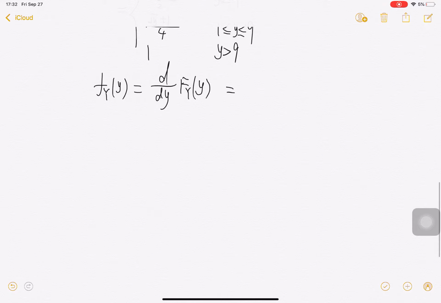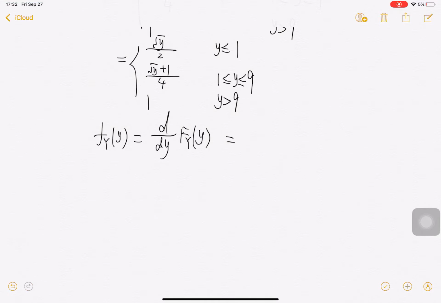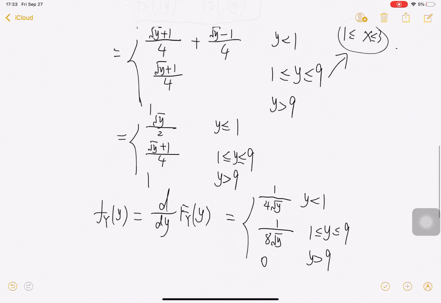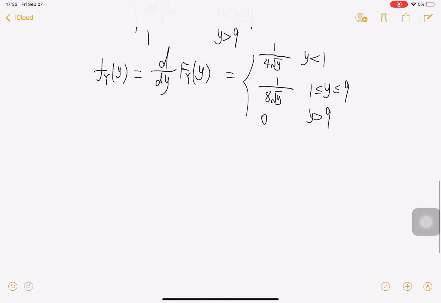And it's an easy job, just some derivative calculation. Okay, we have got all the functions we need.